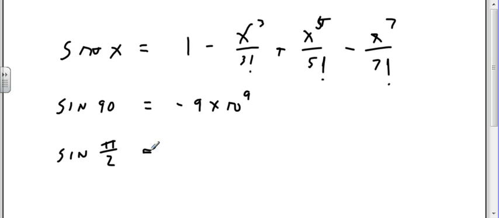I end up with a wrong answer, 0.429, which is totally impossible if I would have put in the numbers right.